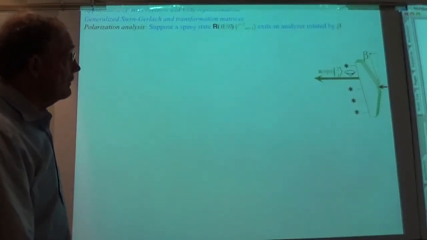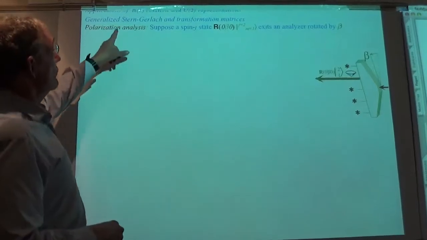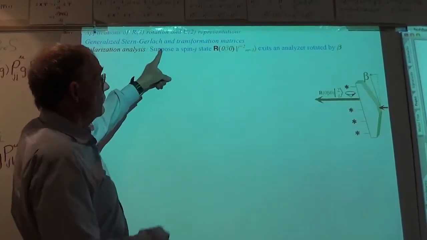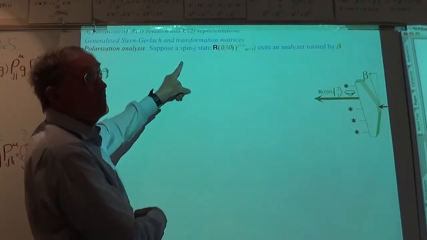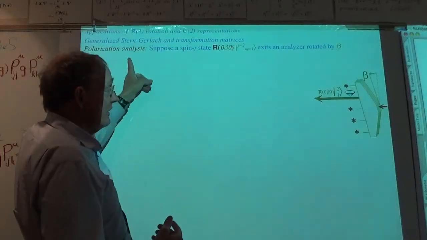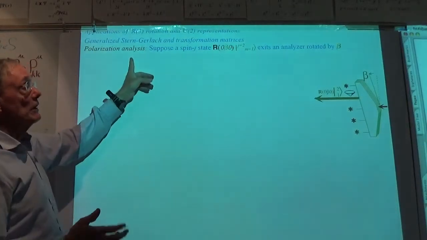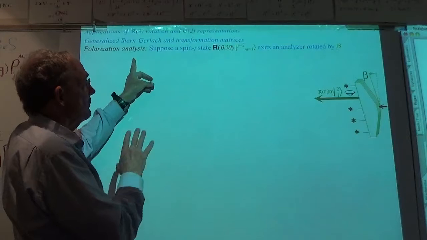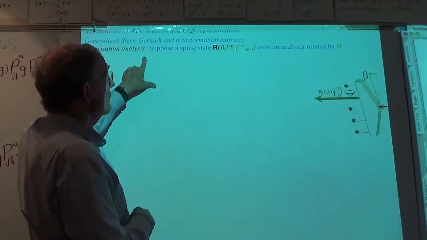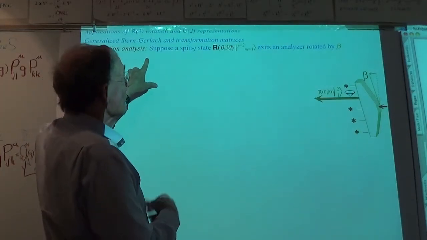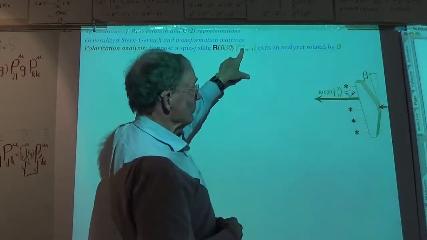Now, one last thing, if we have time here, and it's pushing it. One last thing is I want to do the general Stern-Gerlach. Remember we started this course with spin a half going through a magnet, right? Or a polarization, really was spin 1, but it acted like spin a half because there was no intermediate component. Well, now we're going to do it with angular momentum 2.